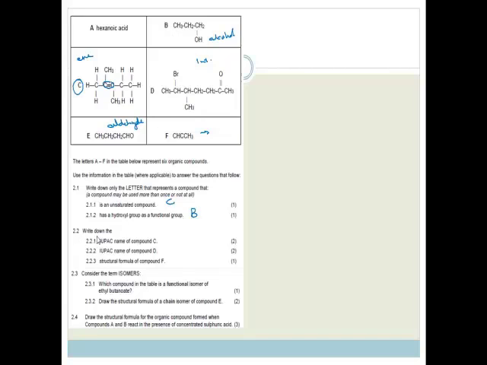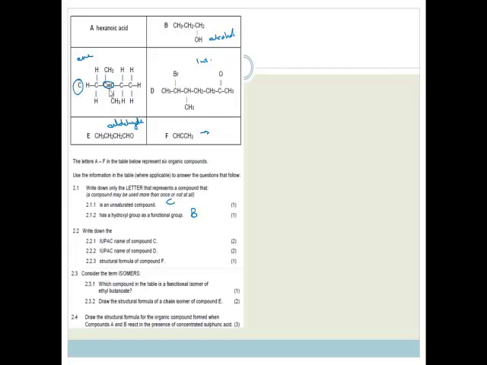Now it says write down the IUPAC name of compound C. Okay, so we've got a double bond over there, which we actually have to go through because it is part of the functional group. Now we need to count. We've got 1, 2, 3, 4, 5. 1, 2, 3. 1, 2, 3, 4. 1, 2, 3, 4, 5. Okay, so the longest arm is going to be 5.